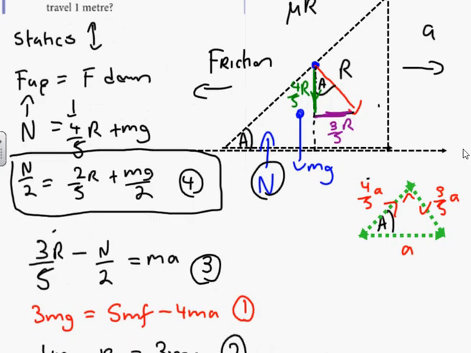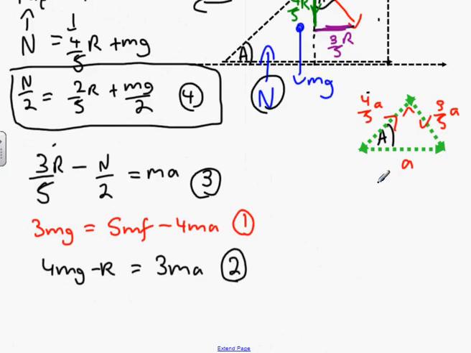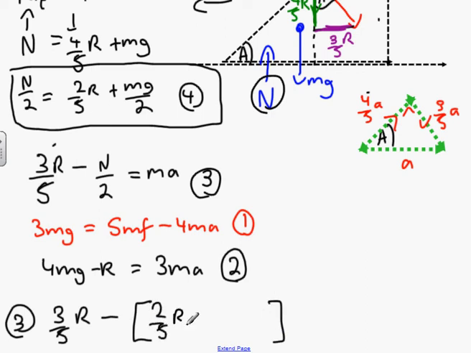So let's just start with everything here. So I'm going to start off with equation 3. Equation 3 is now going to become 3 over 5R minus brackets, I'm going to put this in now, 2 over 5R plus mg over 2.